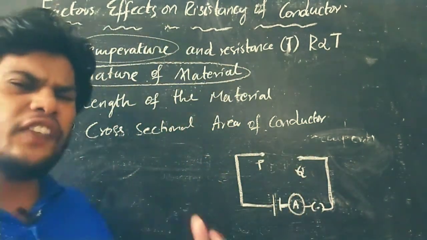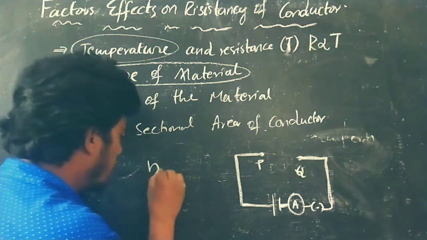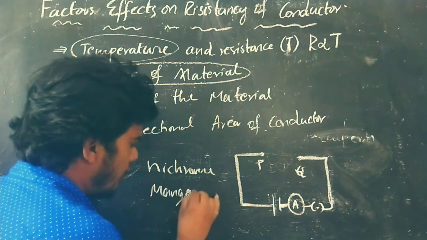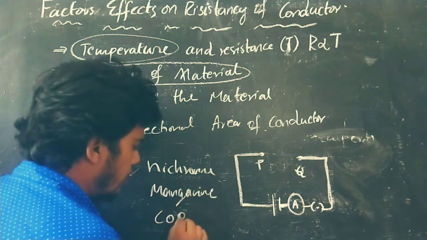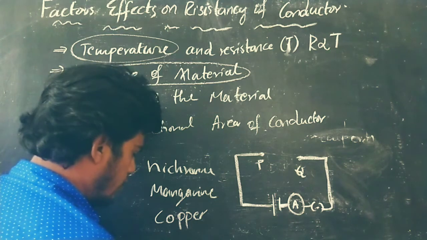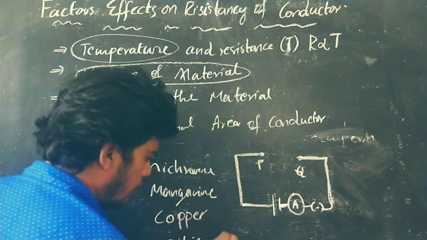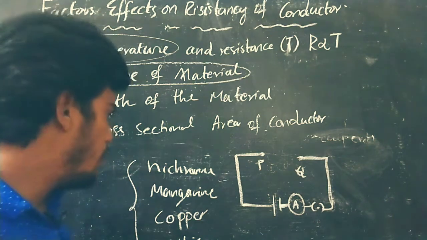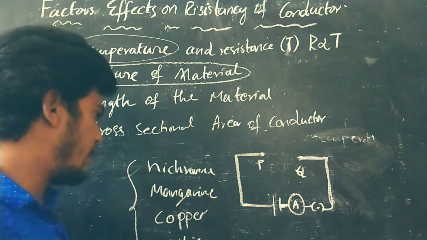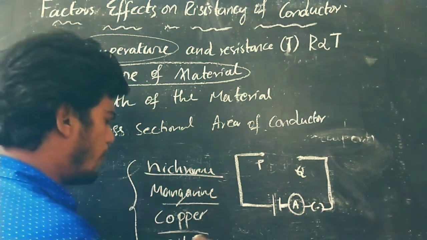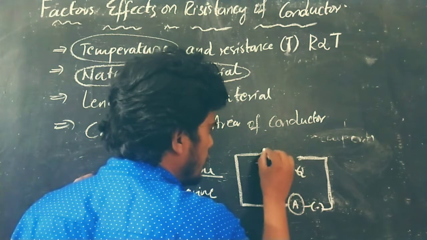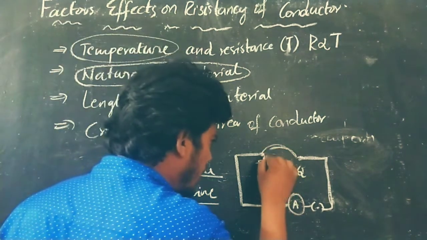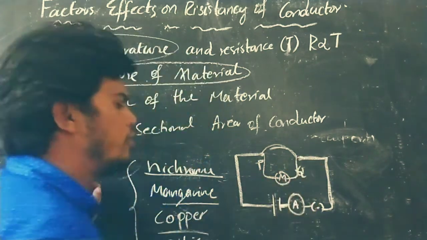Now take different materials like nichrome, manganese, copper, silicon, etc. Take different types of materials, place those conductors, nichrome, manganese, copper or silicon, between these two points P and Q, connect a multimeter to it and observe the readings.